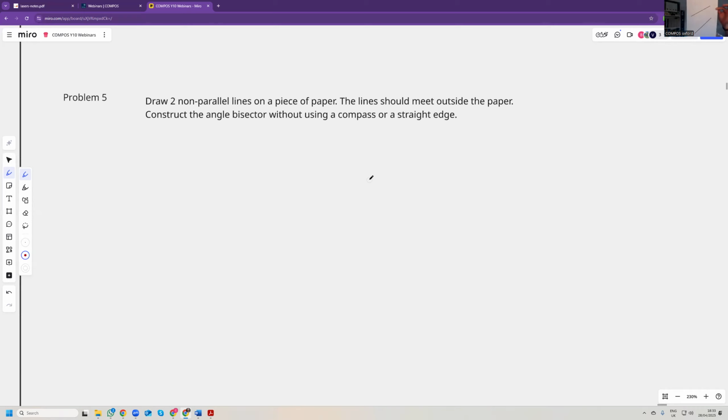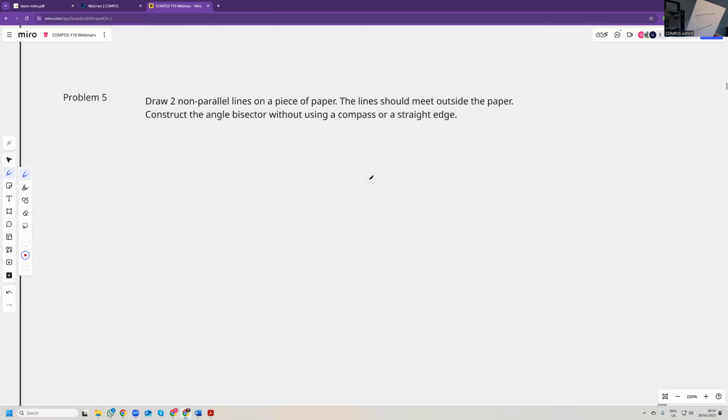Like this. So this is an angle, right? They meet somewhere here. You need to construct the bisector of this angle, but you're not allowed to use anything. One would even argue you don't need a pen. How on earth would you do that?